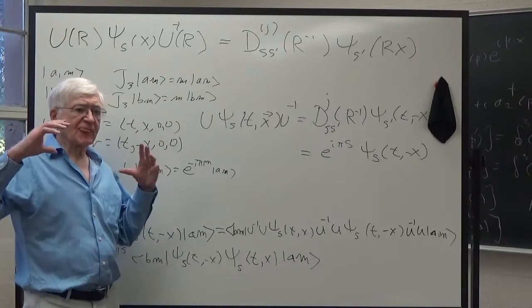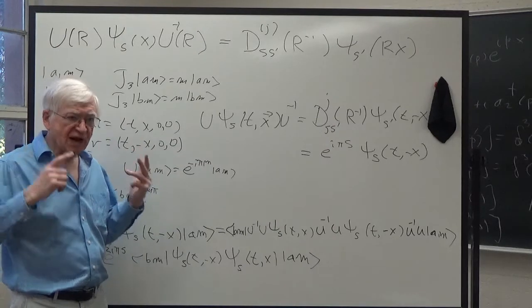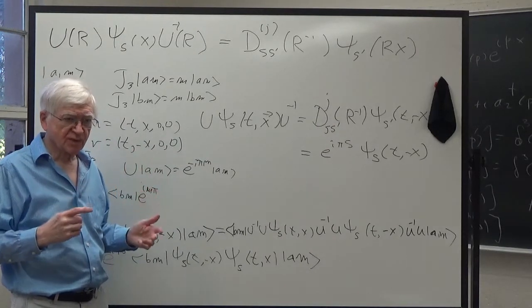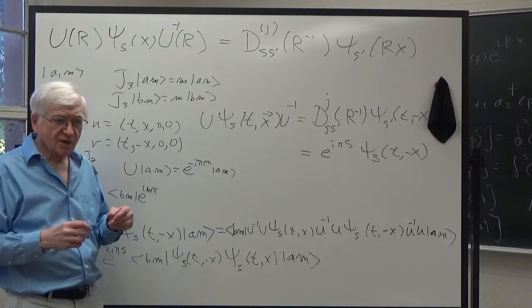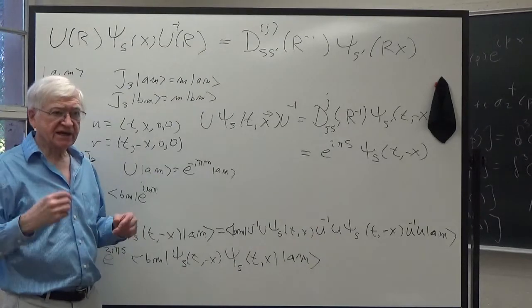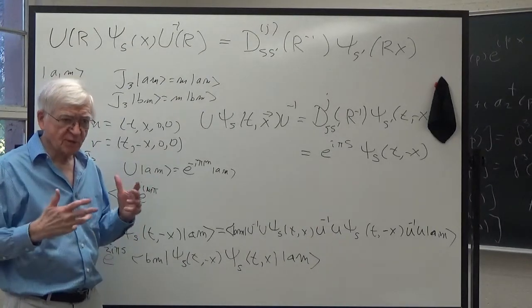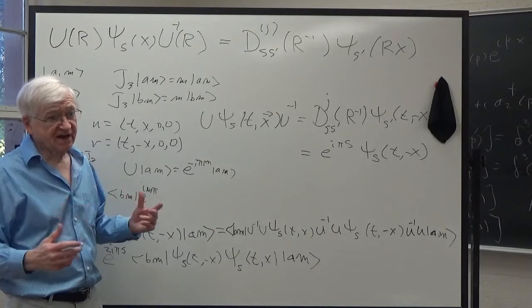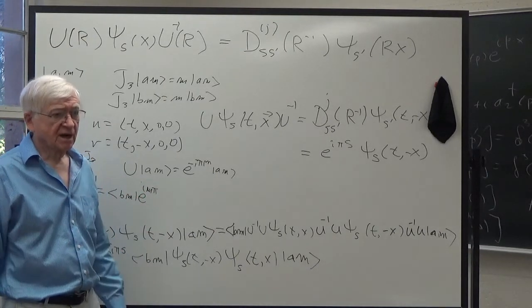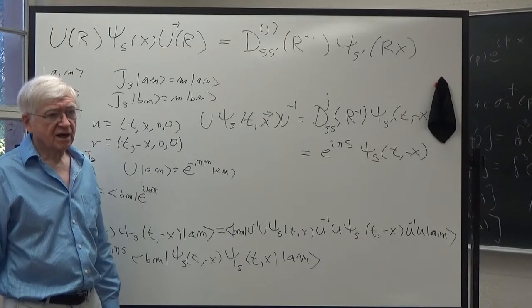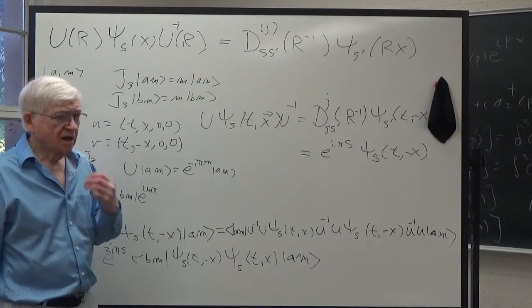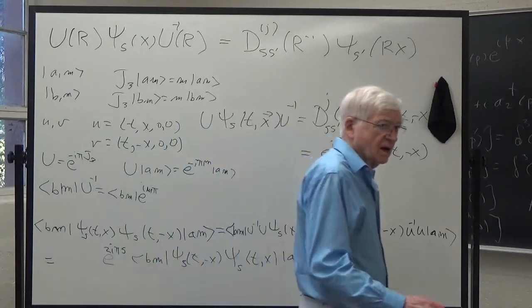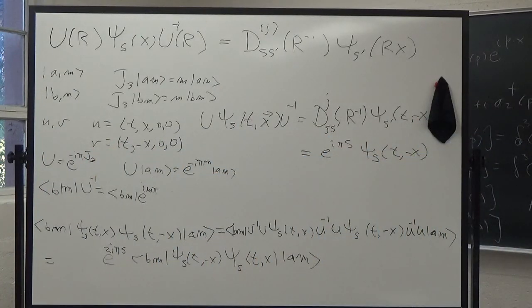If you have a spin J representation of the rotation group, the values of S go from minus J to plus J in integer steps. That's just the way the rotation group works. So it goes from minus a half to plus a half in the simplest case. So S is always either going to be half integer or integer. You're never going to have a case where S is sometimes integer, sometimes half integer. Right, I see.